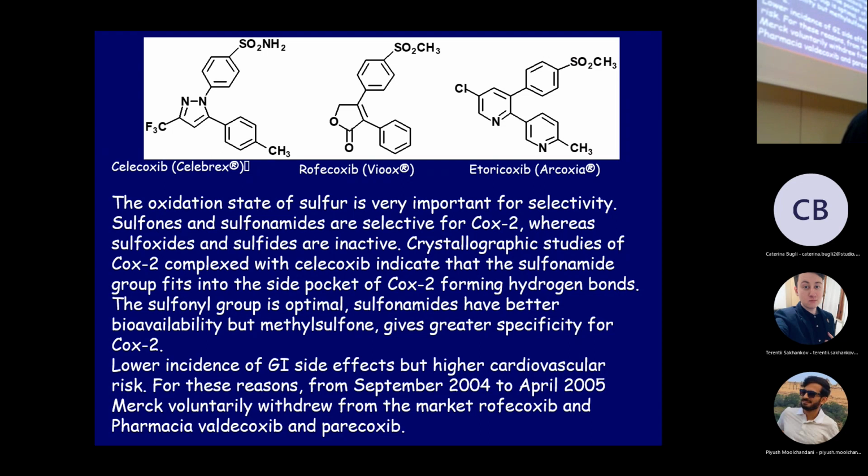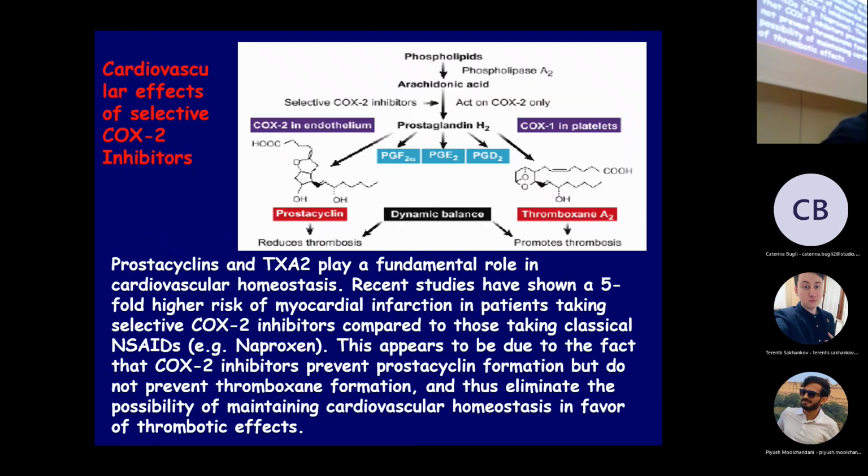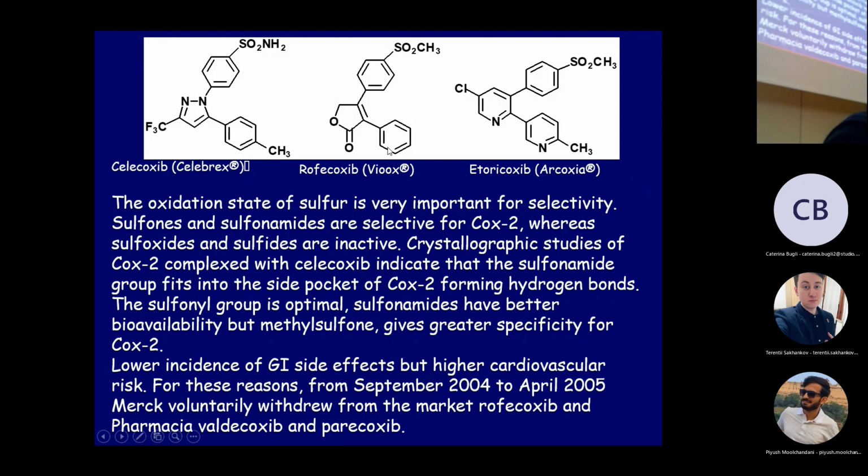They had results about the phase 1 and phase 2 on the two different COX. They knew the situation, but they introduced these three compounds on the market knowing the side effects.